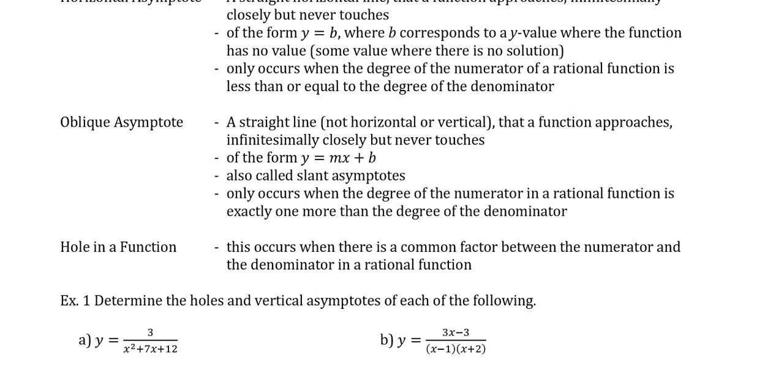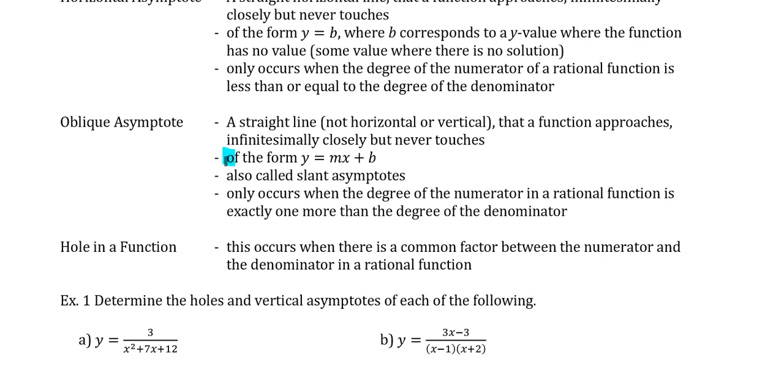We're only going to see them a little bit. So this is a straight line. It's not horizontal, it's not vertical. But the function still approaches this line infinitesimally closely and never touches it. So regular asymptote, but it's oblique. It's also called a slant asymptote. So in other words, it's like a slanted line, not horizontal and not vertical, but is otherwise an asymptote.